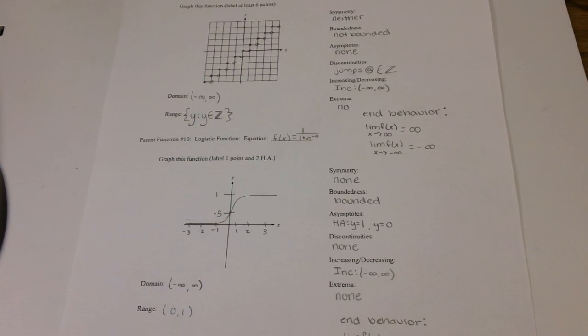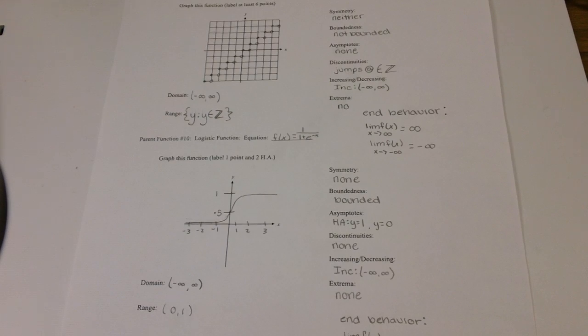It increases from negative infinity to infinity. There is no extrema. The domain is negative infinity to infinity, and the range is 0 to 1. For the end behavior, the limit as x goes to infinity is 1, and as x goes to negative infinity is 0.